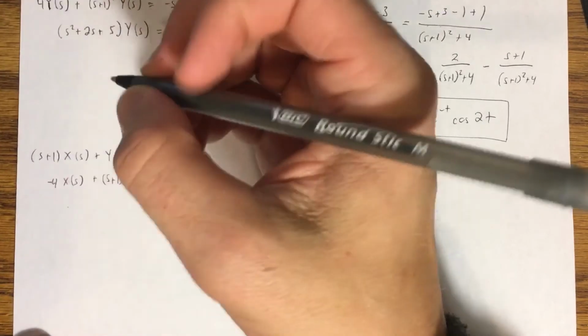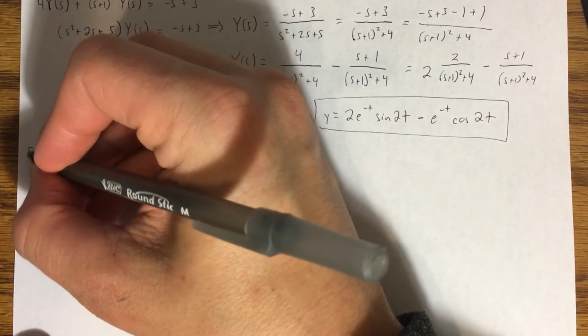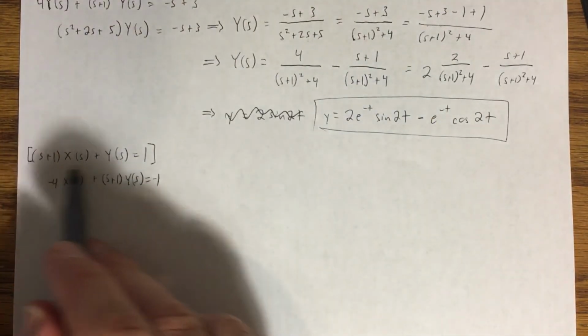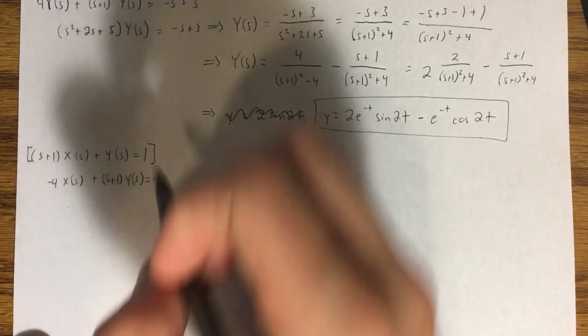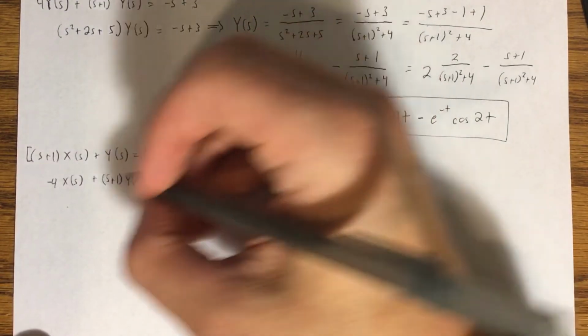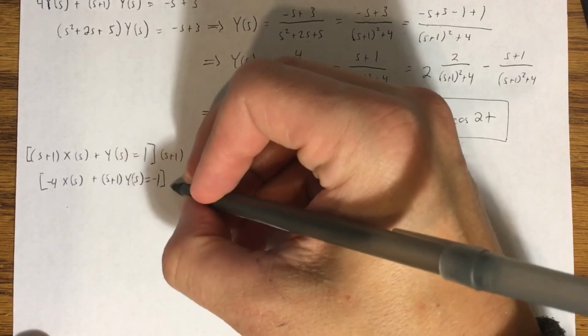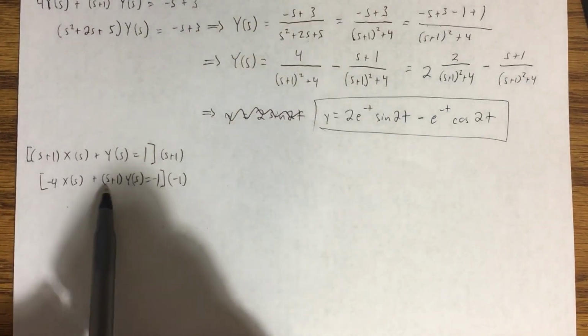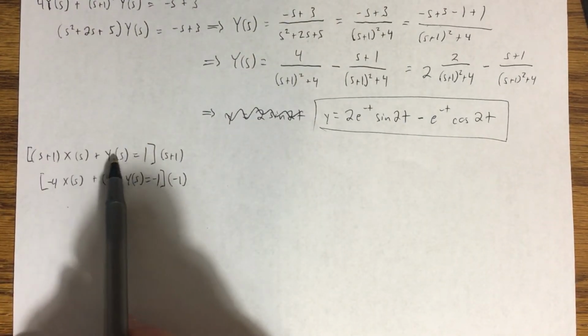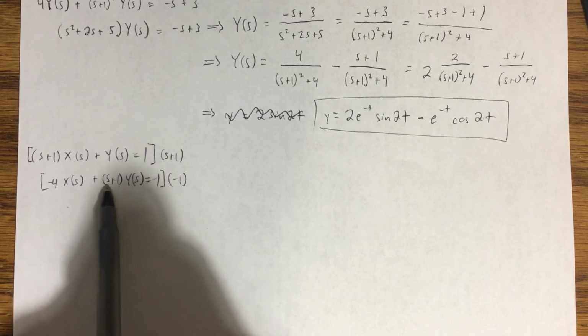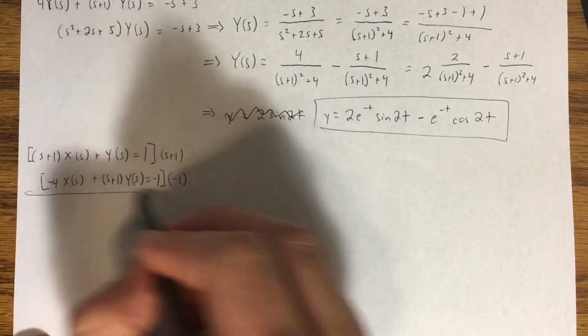So in order to do that, I can multiply this equation by an s plus 1, and this equation by a negative 1, so that I have s plus 1 as a factor here and a negative s plus 1 as a factor here, which will cancel those.